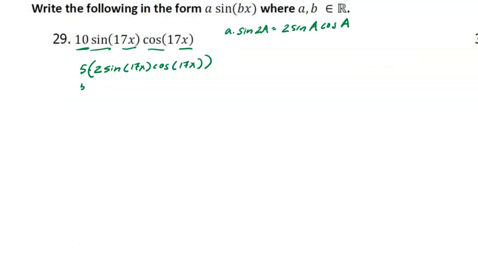So this 5 is not part of that formula, but this entire thing is. So I'm going to take the 5 out and multiply it with the condensed form, which is sine of 2 times, and this entire thing is A, 17x. So 5 sine, and it's 2 times, I can't do math right now. 17 times 2, 34.